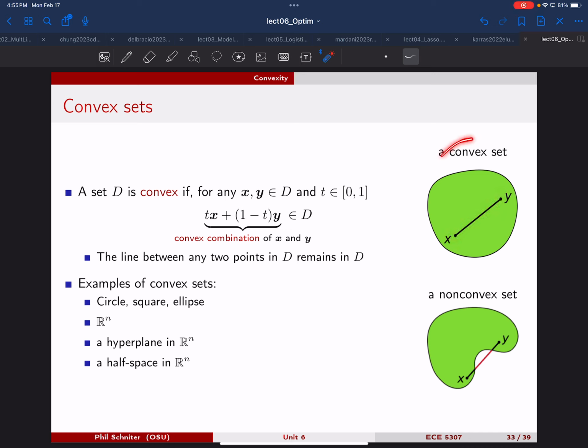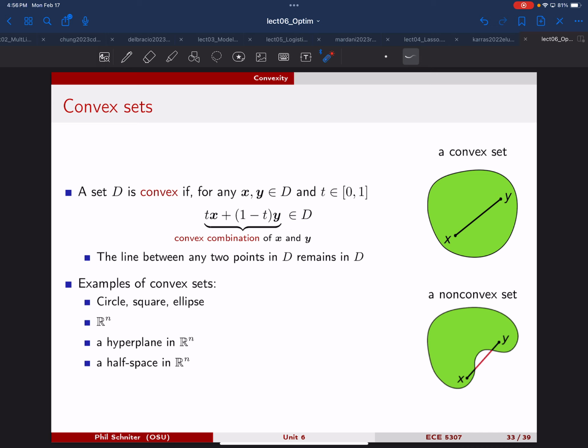So this is an illustration of a convex set. Here's an illustration of a non-convex set, where we can find 2 points in the set, but when we look at the so-called convex combinations of points between them, we get points that are outside the set. Whereas here we have a convex set. No matter which 2 points I choose, all points in between would be in the set. Is that idea making sense for convex sets?